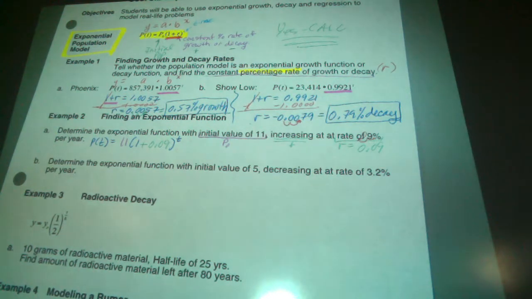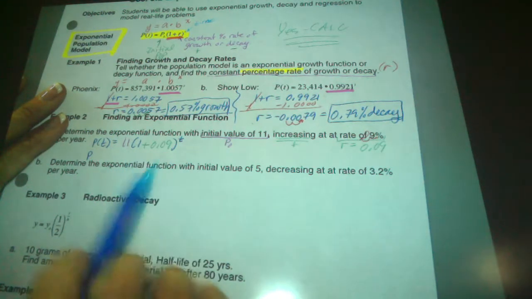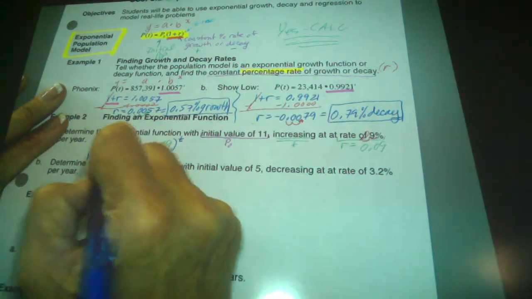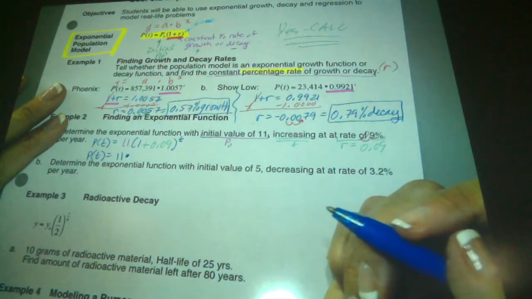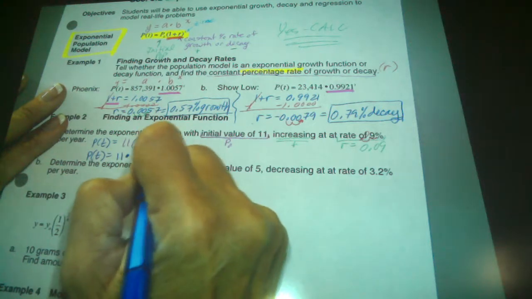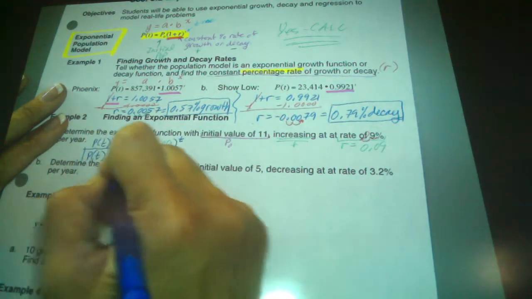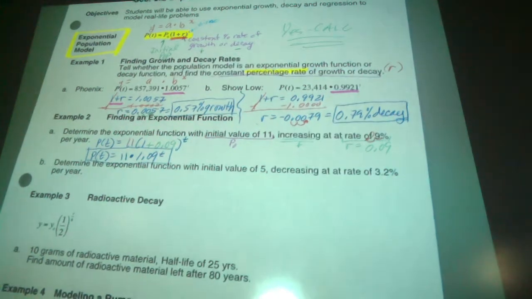So the other form that you could have is you actually can combine the 1 and the 0.09. So I've got 11 times, you could still leave it in parentheses. If you add those together, you get 1.09 raised to T. This is probably what Math Excel wants. But you could try the other one and see if they'll take it.